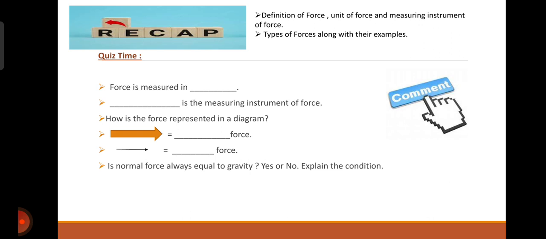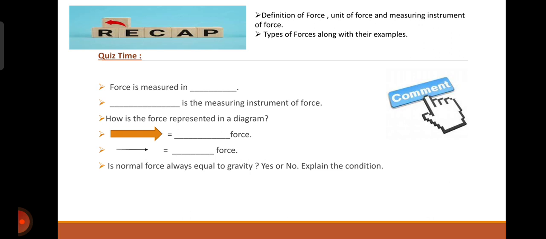Based on this small video, I have prepared a quiz for you, and you can always give the answers in your comment section below. Force is measured in which unit? Dash is the measuring instrument of force. How is force represented in a diagram? What does this arrow indicate about the force?